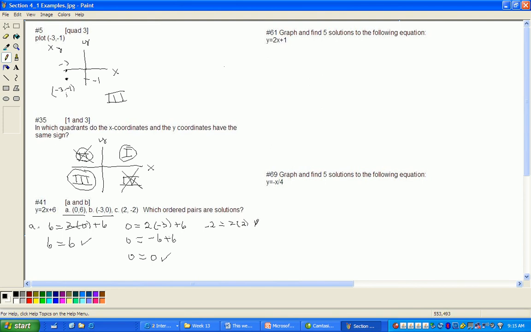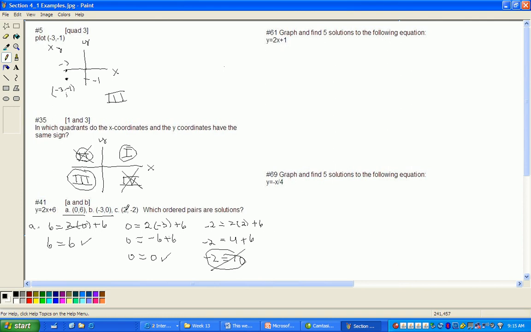The -2 stays. 2 times 2 is 4 plus 6. Okay, -2 is equal to 10. Well, -2 does not equal 10, and this should be in your book too. So this is not a solution. So C does not work. So our answers are going to be just A and B.